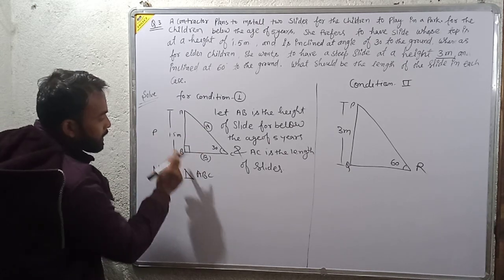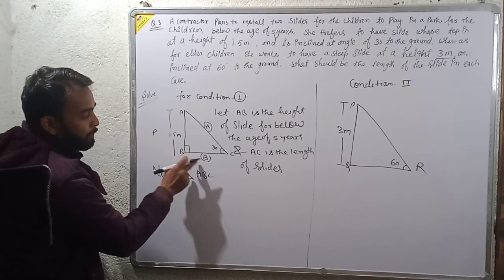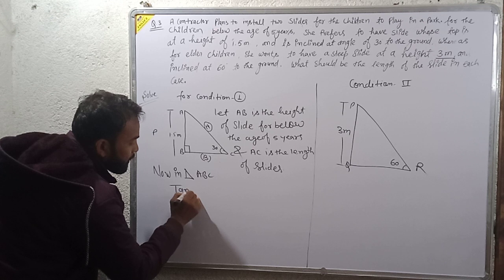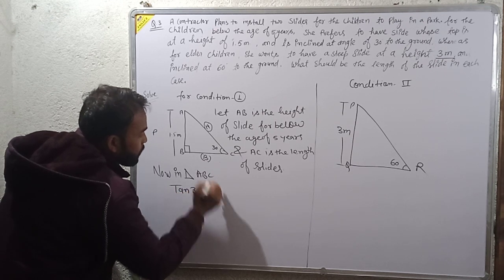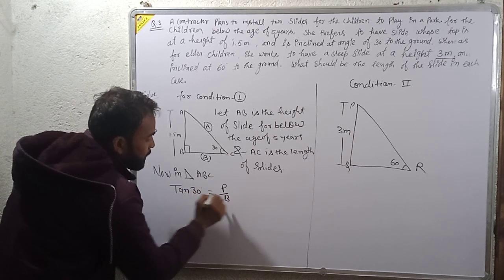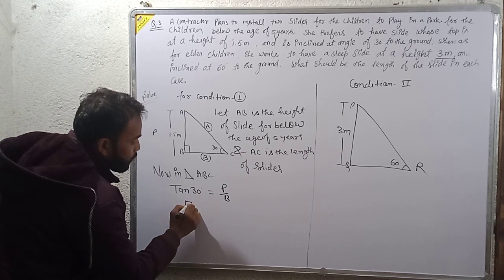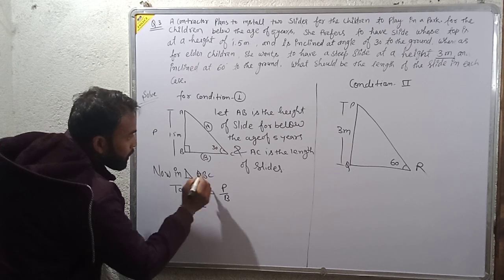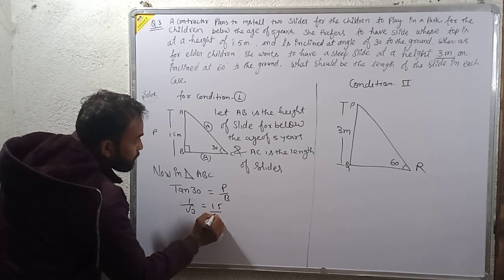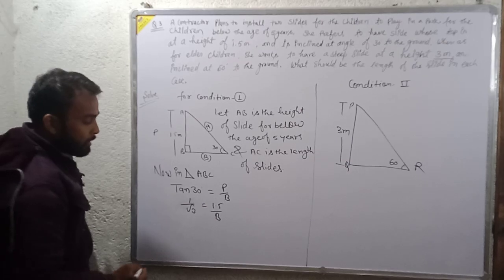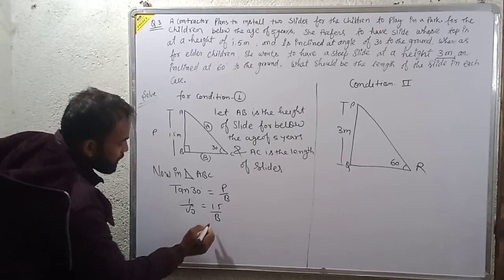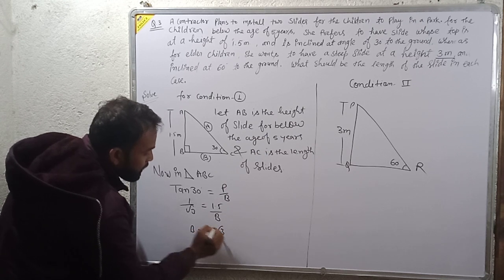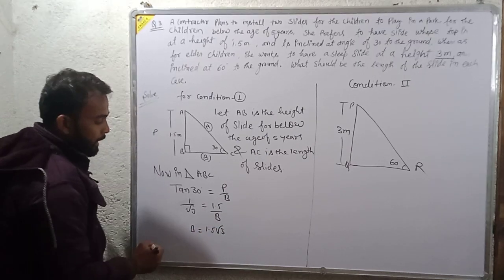Now we use the relation between P and B. It becomes tan 30 degrees is equal to P by B. Tan 30 means 1 by root 3, so 1 by root 3 is equal to 1.5 upon B. Clear? Here B is equal to 1.5 root 3.